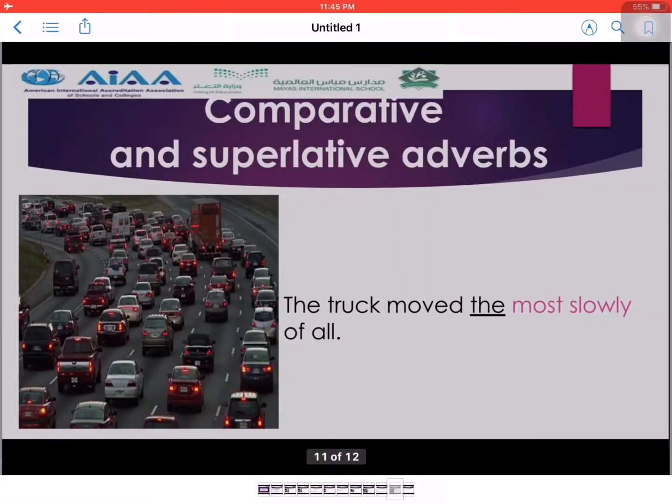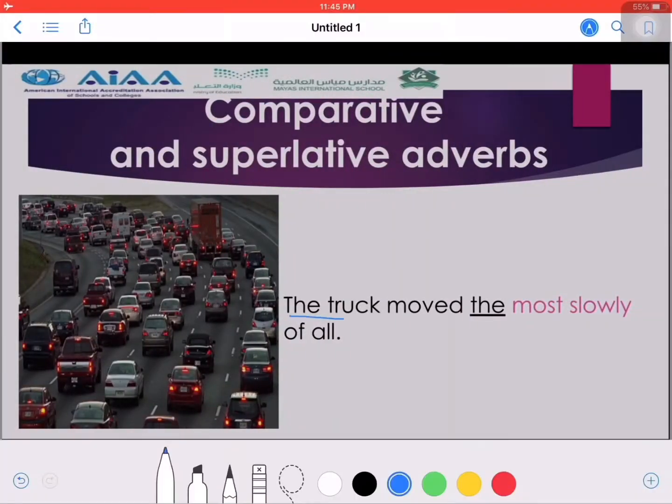Here we have, the truck moved the most slowly of all. So here I want to compare more than two. So here and here I have slowly. It's a long adverb, right? It has more than one syllable. It has 2 syllables.